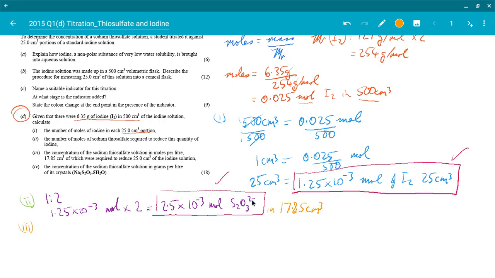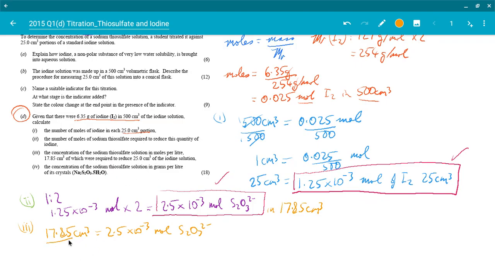Like I say, when you box off the answer of a previous part, like part 1, you use it in part 2, and we're going to use it in part 3. So you get 17.85 centimeters cubed equals 2.5 times 10 to the minus 3 moles of S2O3 2 minus. And I want to get it into moles per litre.